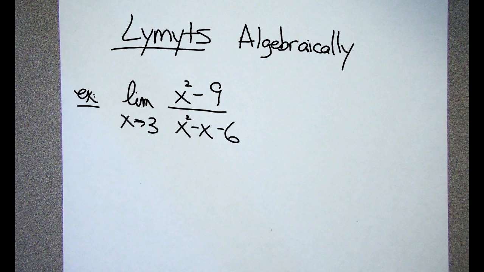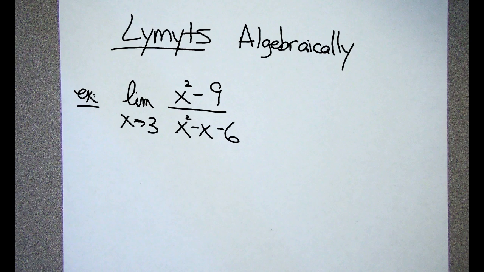If you try to plug 3 into this, you're going to get 0 on the bottom, and you're actually going to get 0 on the top too, but that doesn't really matter. Once you get 0 on the bottom, you're just kind of stuck. So plugging in fails, which is going to fail on almost every problem in here. Then you look for other things you can do.